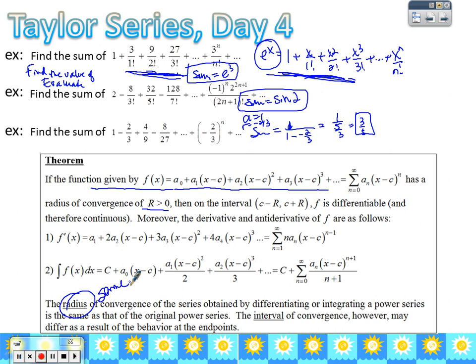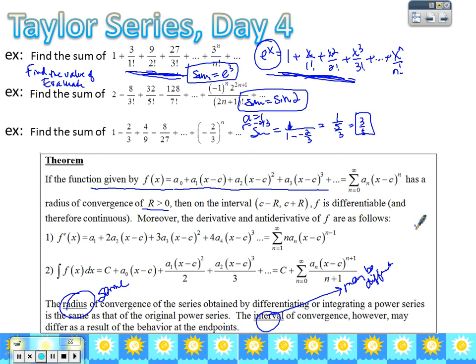The interval of convergence, though, may be different, which means checking endpoints. There may or may not be an equal sign added to it or not.